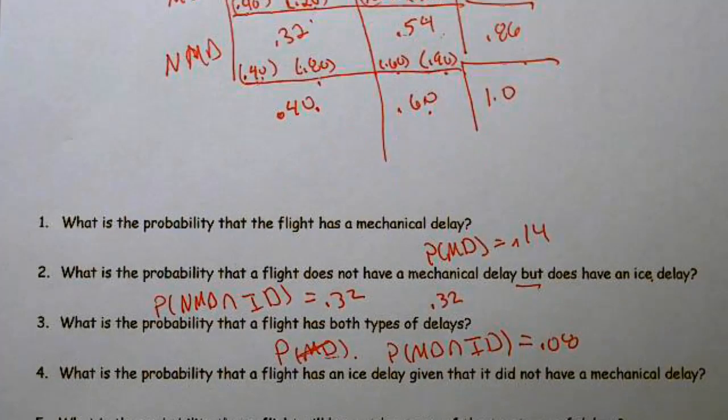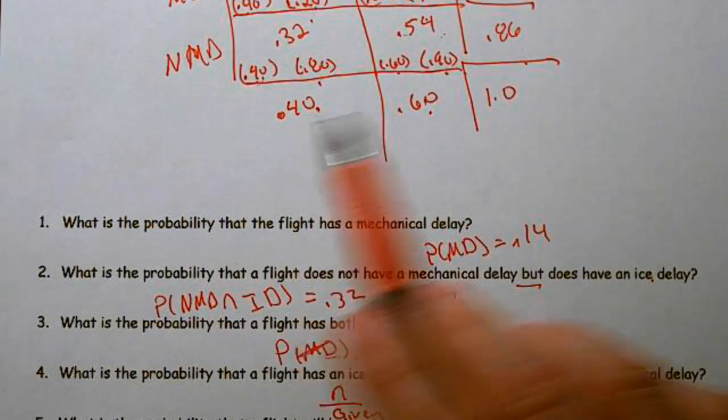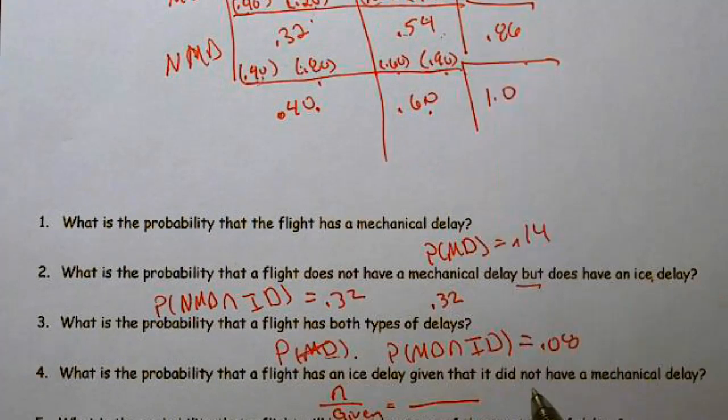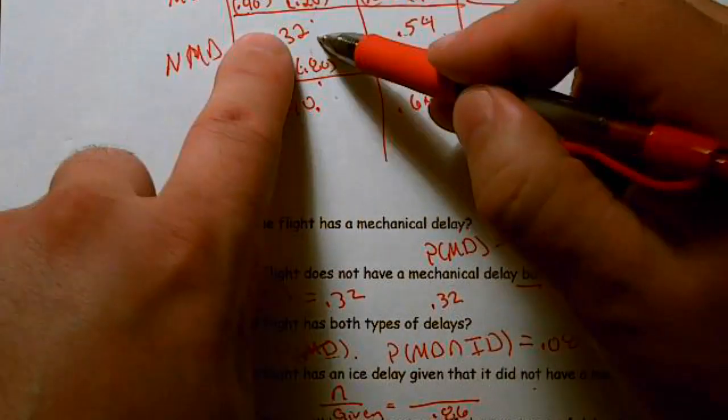What's the probability that a flight has an ice delay given that it did not have a mechanical? Well, given's always in the denominator. So remember, it's always going to be intersection over given. So not a mechanical, given not a mechanical is going to be 0.86. But the intersection of ice delay is at 0.32.